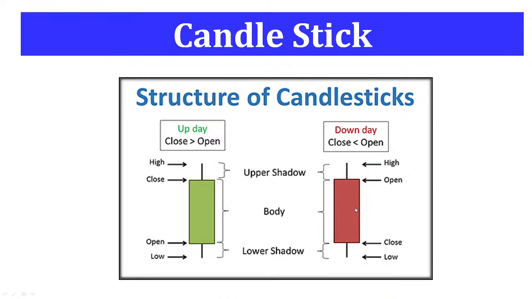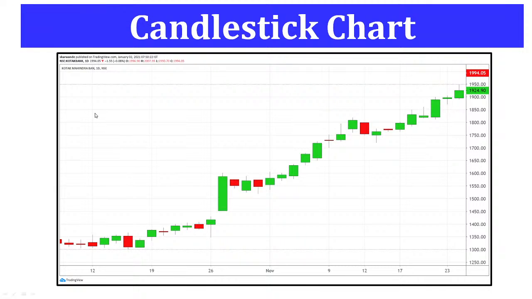Now we will actually see how the candlestick chart looks like. This is a daily chart of Kotak Mahindra Bank, and the last candle tells me that it was a green day. It means it has opened lower and closed higher. And you can clearly see in between there are red candles telling me the stock has closed lower as compared to the open, and hence it is a red candle.